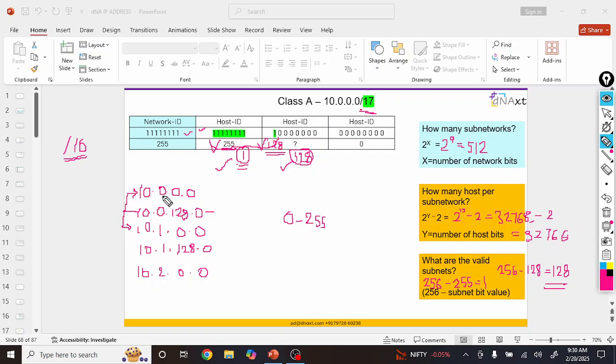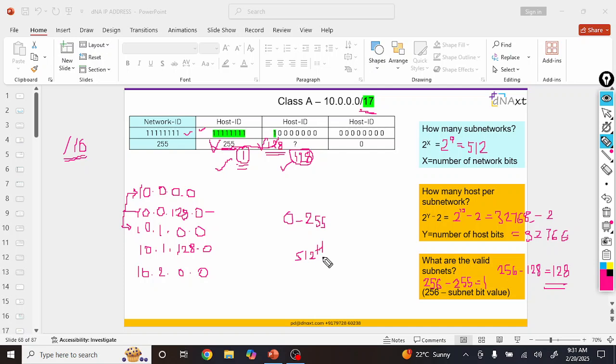So 10.0.0.0, 10.0.128.0, 10.1.0.0, and 10.1.128.0, 10.2.0.0. This will go on.